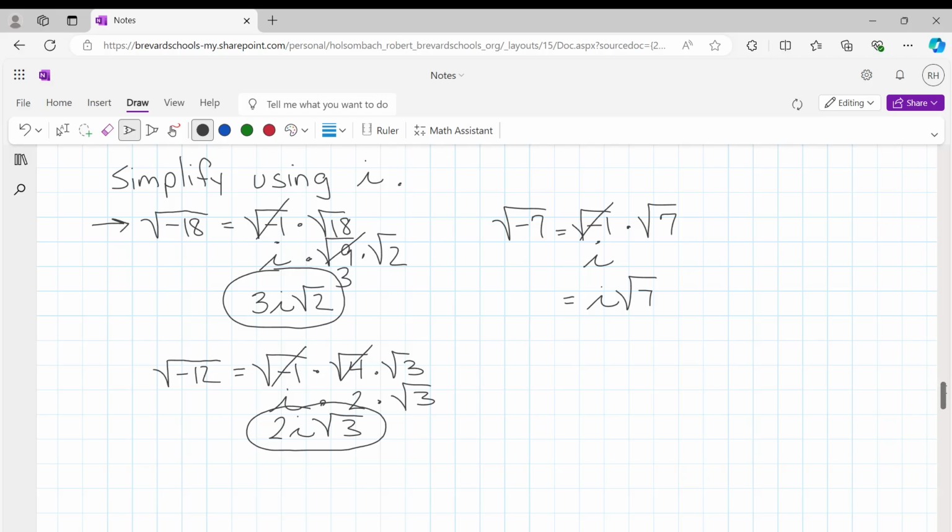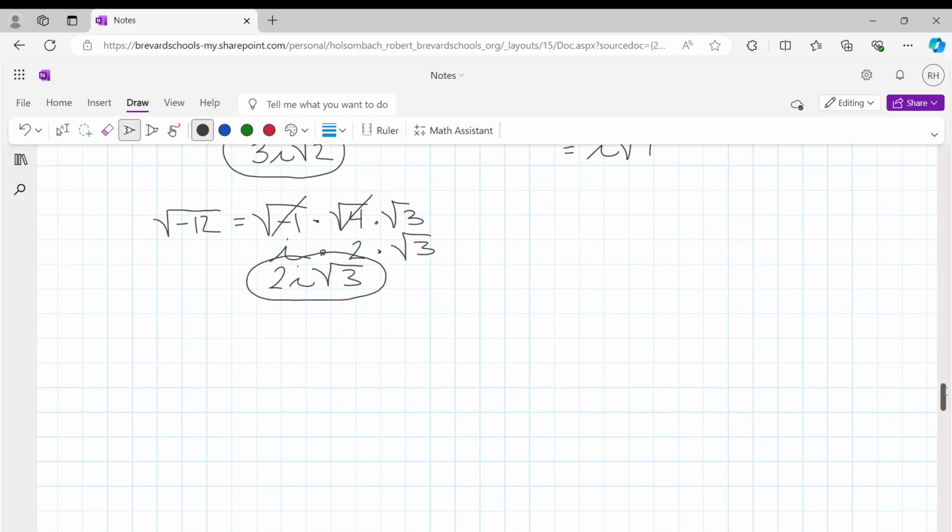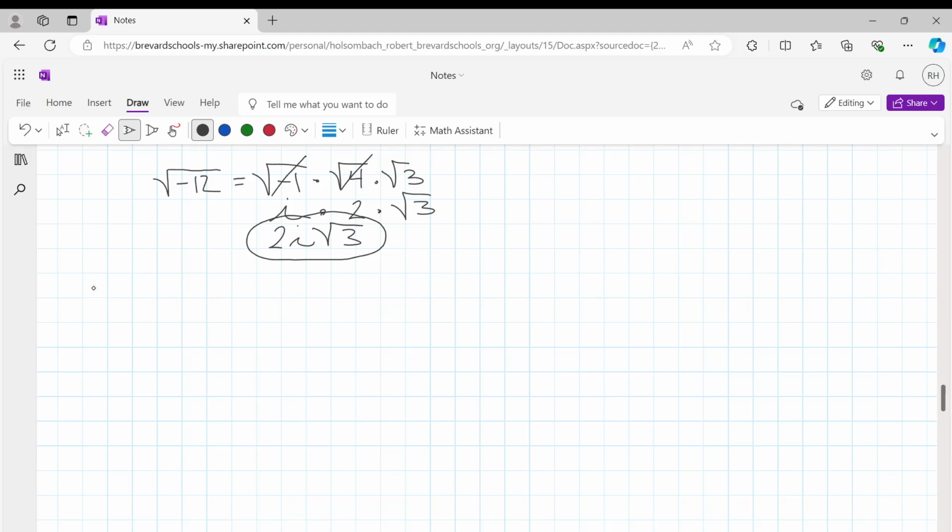Making a little bit of sense? Square root of negative 25. That's the square root of negative 1 times the square root of 25. The square root of negative 1 is equal to i.